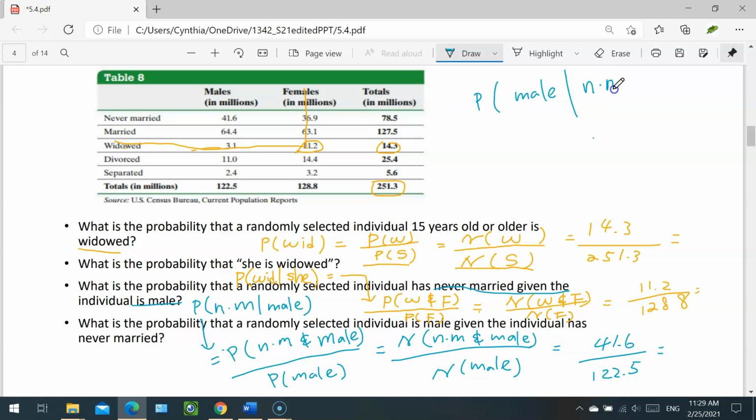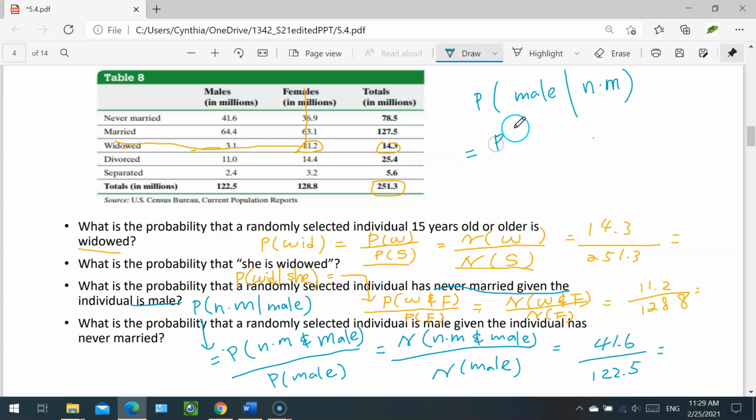This is the opposite direction from number 3, right? In number 3, we found the male who never married. But in number 4, they are looking for never married and it's male. So the criterion of number 4 is never married first.